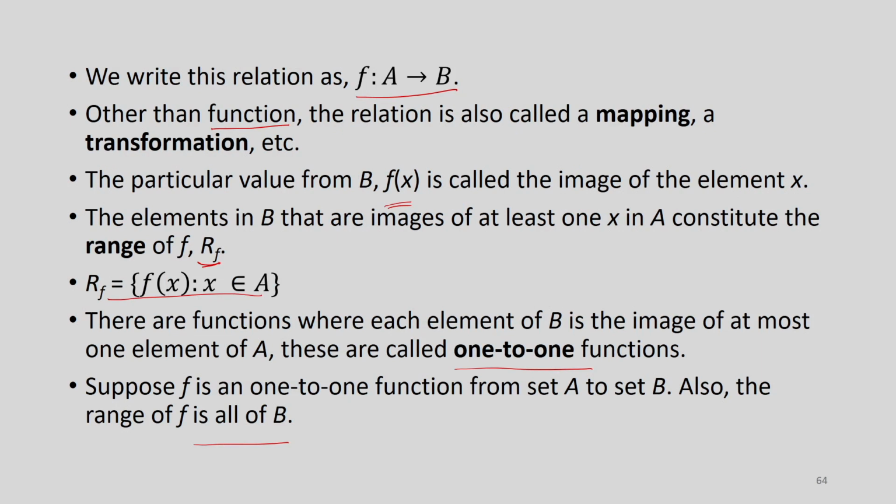Now, there is one point that I wanted to draw your attention to: one to one functions are those functions where if you take any element of B, the corresponding element of A cannot be multiple. There should be at most one element of A, it cannot be more than one, and those functions are called one to one functions.